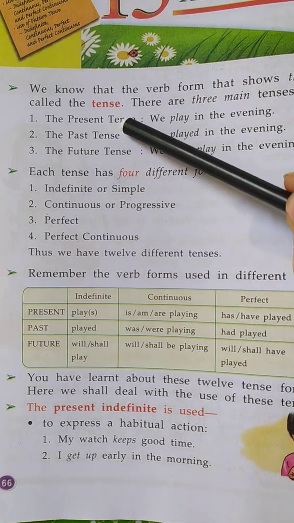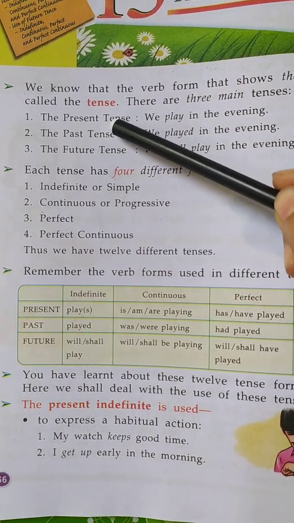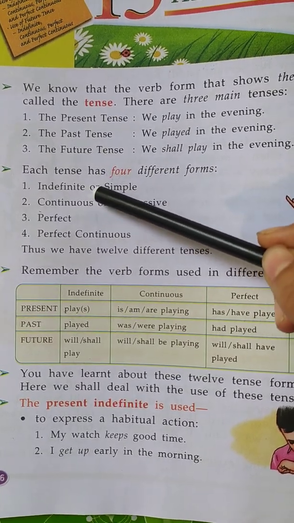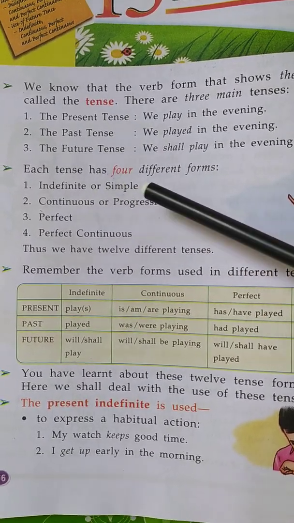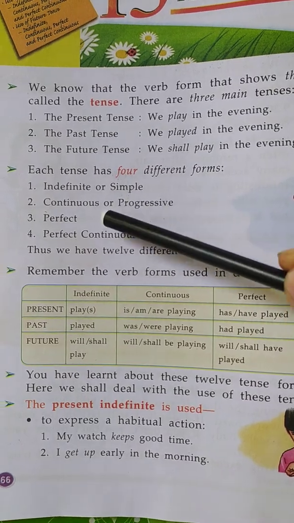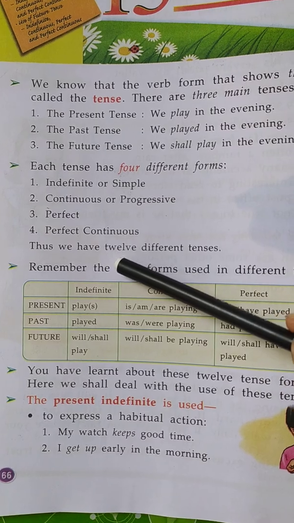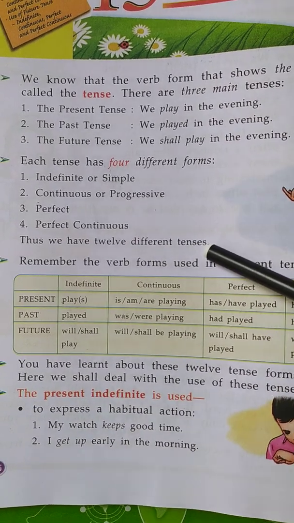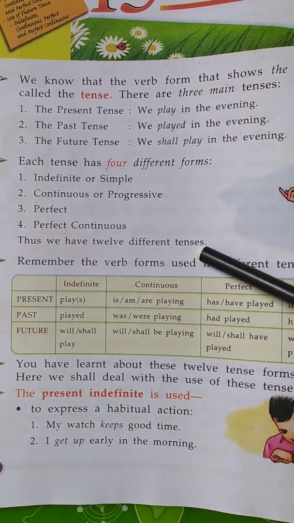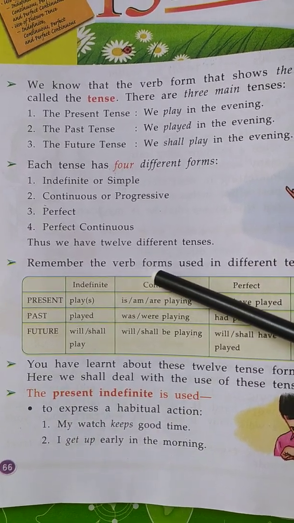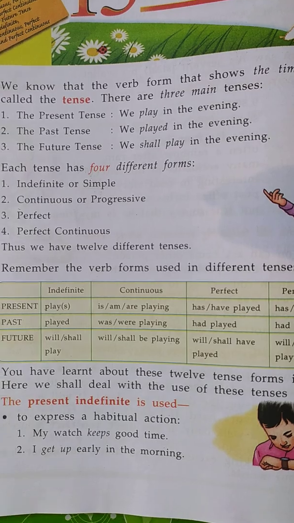So, these three tenses have four different forms. Thus, we have 12 different tenses. Remember the verb forms used in different tenses.